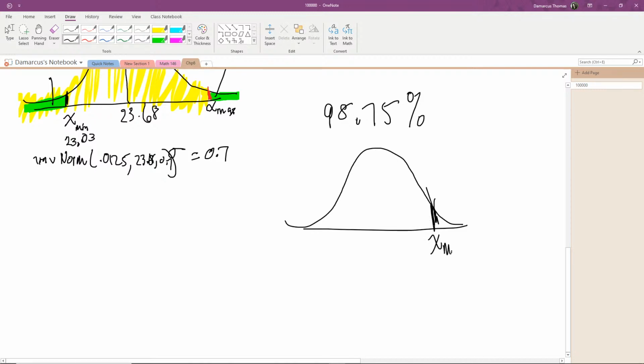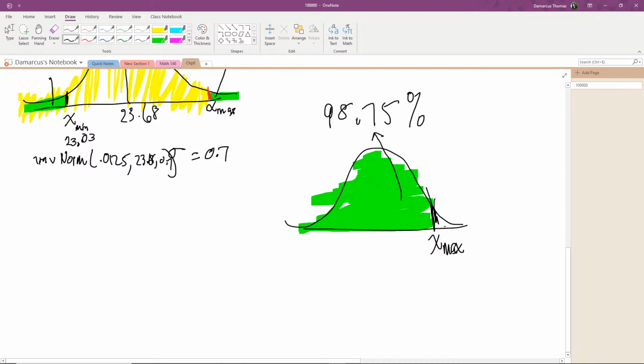So X max, this region represents 98.75%.